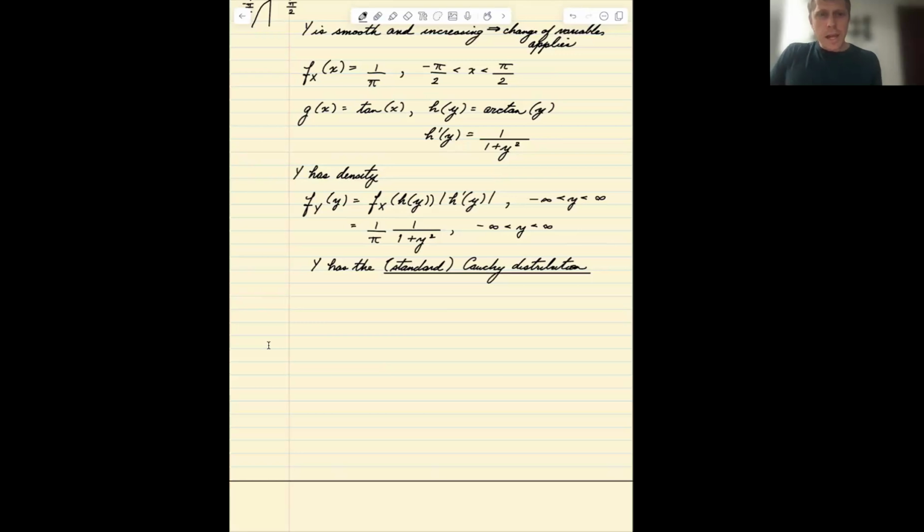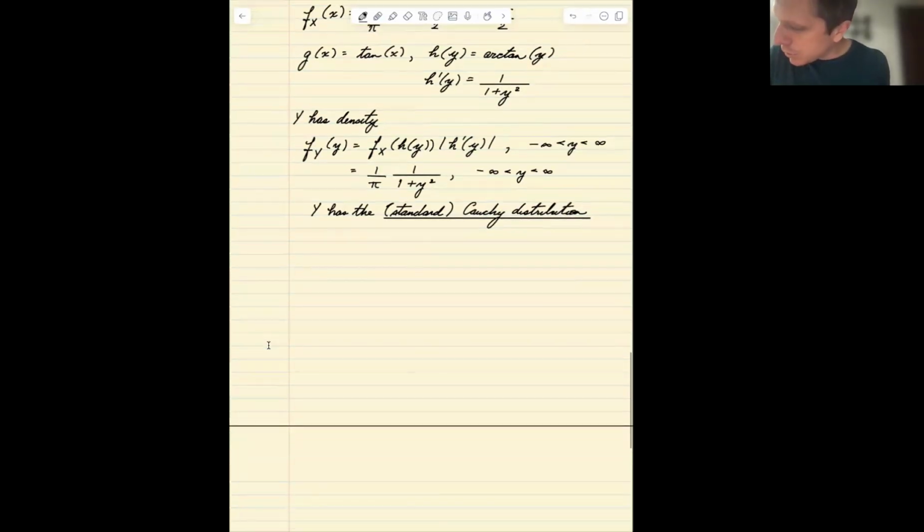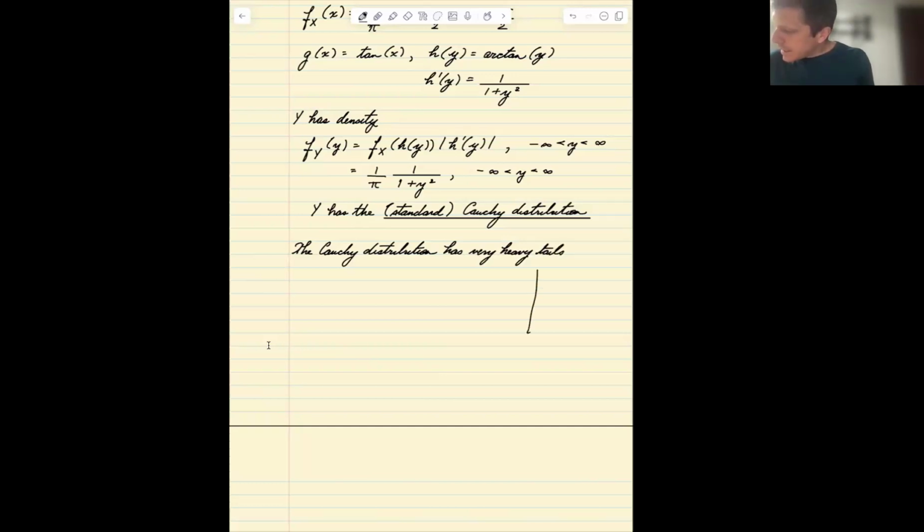Now, what's interesting about this is that the Cauchy distribution can be misleading, because if we plot the density, this is what the density looks like.